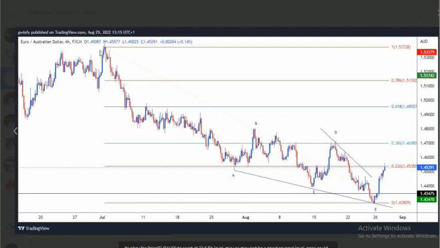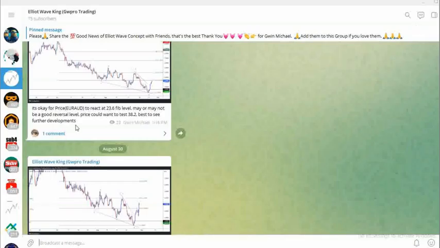If you take the Fibonacci retracement area, you can see that around the 23.6 is actually okay. I said that it is okay for price to react around the 23.6 area, but it may not be a good reversal area. Price could also want to test 38.2.